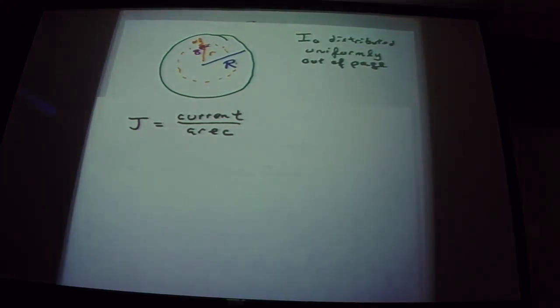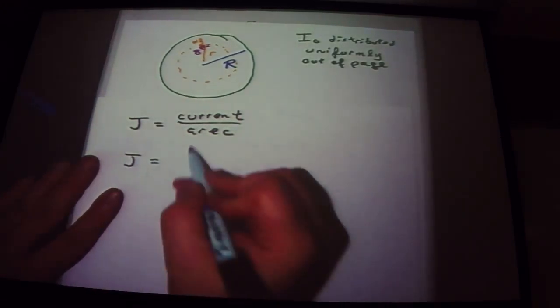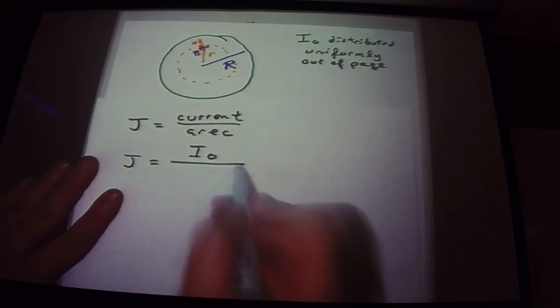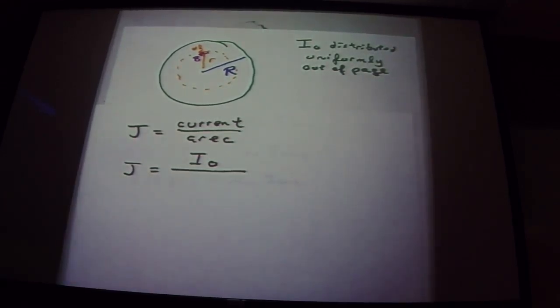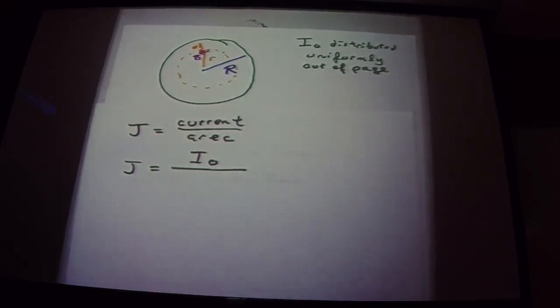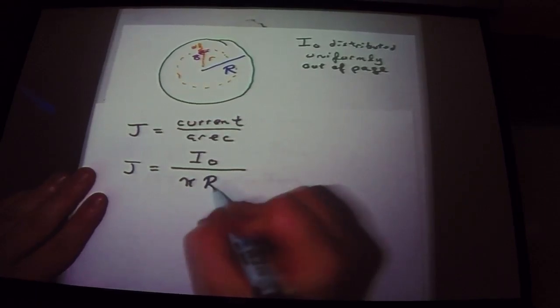And that's the same at all points throughout this thing. So the current density here is my current I naught divided by the area of which circle? The big R circle, because the I naught is distributed over the whole thing. So this is pi times big R squared.